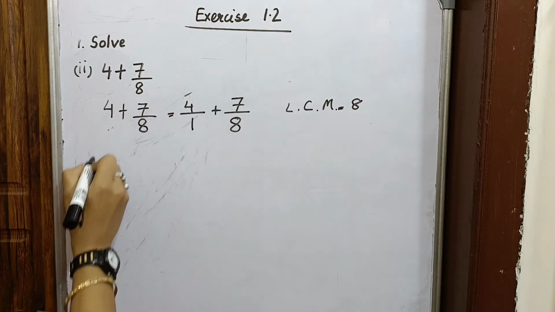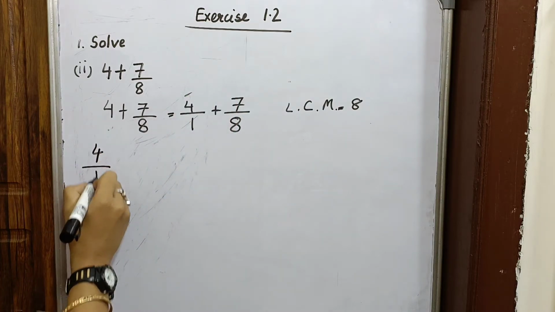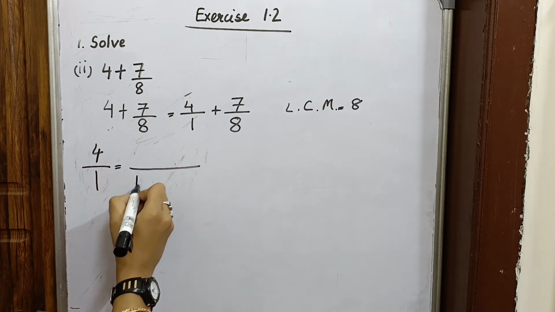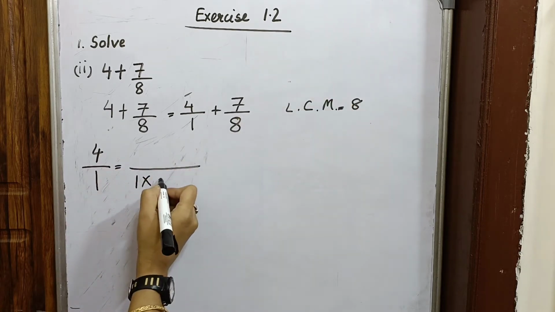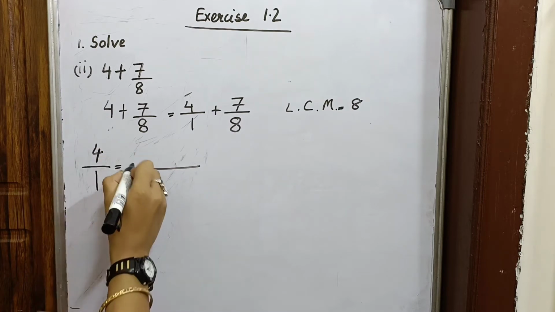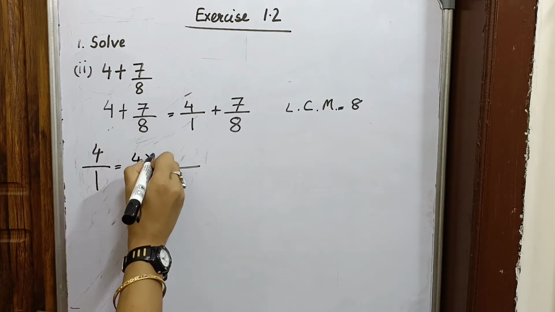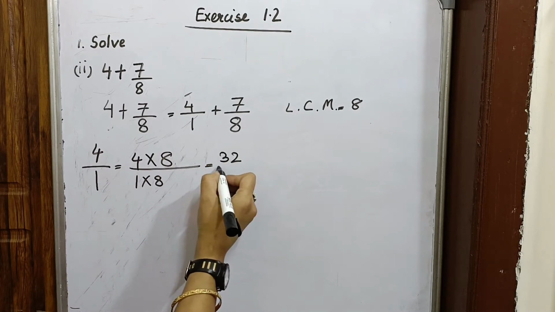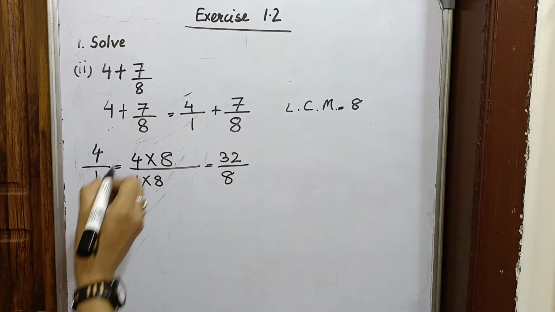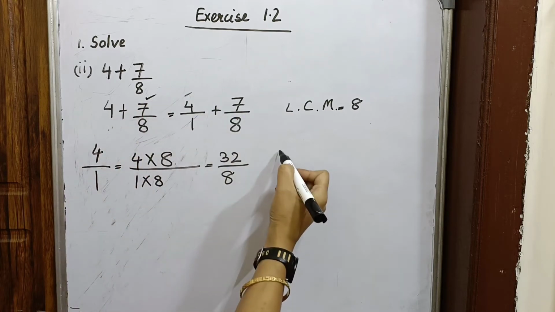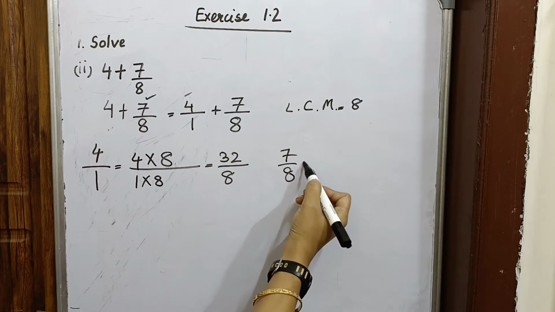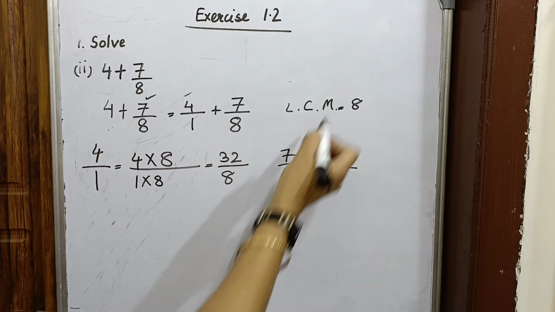Now we'll first do this 4 by 1, just like the previous one. 1 into how many times is 8? 1 into 8. So in the numerator it will be 4 into 8, which is 32, over 1 into 8, which is 8. Now we will do 7 by 8. 8 into how much is 8?